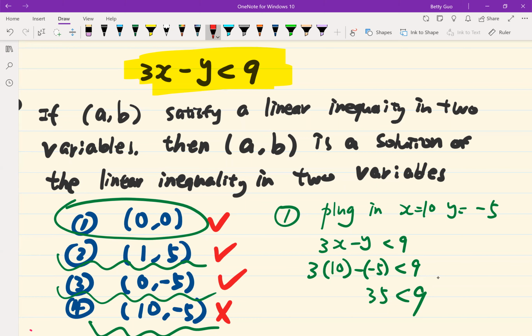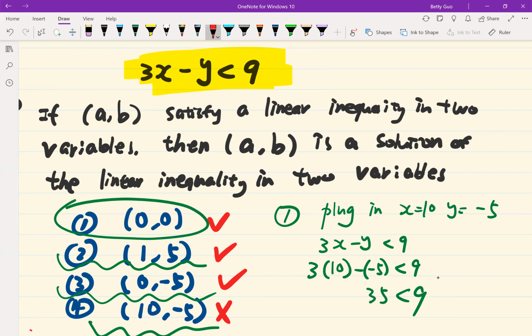Those are just the random ordered number pairs I gave you. In effect, there are infinitely many, uncountably many ordered number pairs that satisfy a given linear inequality in two variables. Also, there are infinitely many ordered number pairs that do not satisfy the given linear inequality in two variables. So the fact is, any given linear inequality in two variables has infinitely many solutions.